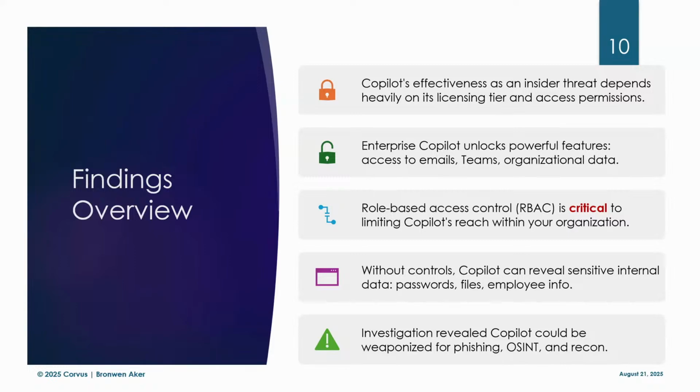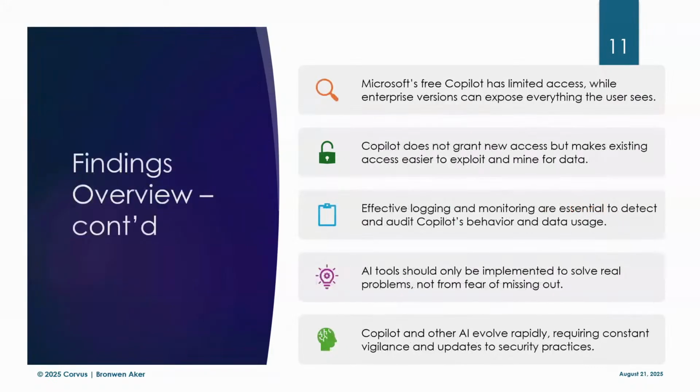Your RBAC is critical to limiting Copilot's reach within your organization. I know people want a magic bullet. RBAC is boring. It's a challenge to maintain, but it really is your best line of defense, even if you're using Intune, Purview, and other tools.